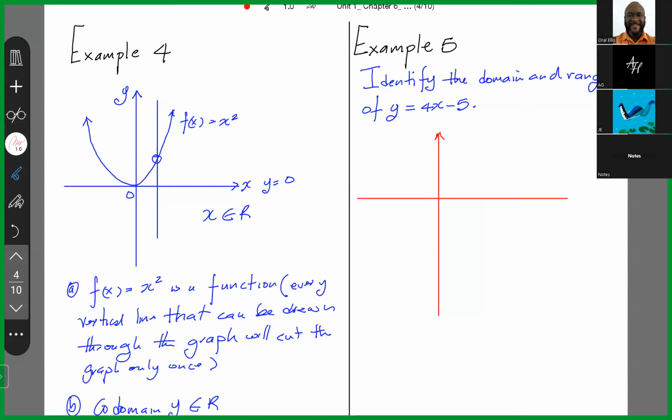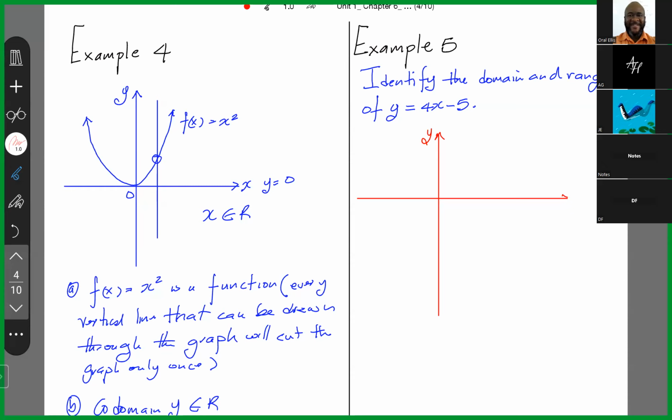First of all, y is equal to 4x minus 5 is a linear relationship. And the graph of a linear function is a straight line.